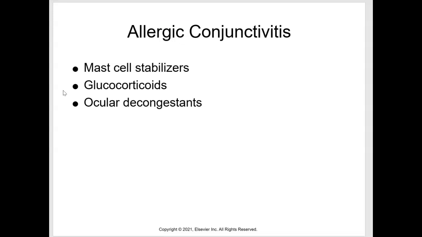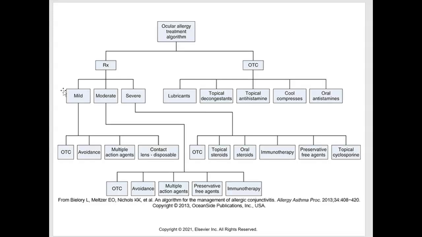Okay. They give us a lovely flow here of how to work the algorithm of ocular allergy treatment. Okay, so first of all, we have over-the-counter options: lubricants, topical decongestants, topical antihistamines, cool compresses, or oral antihistamine.